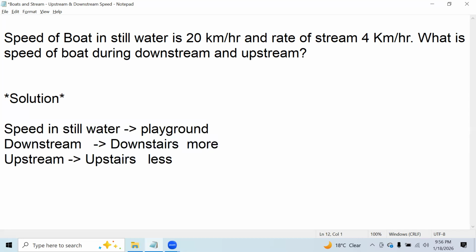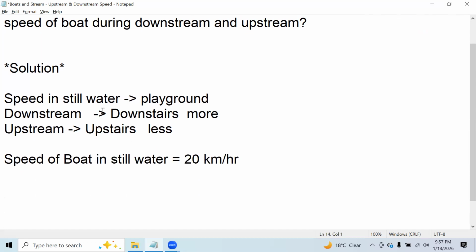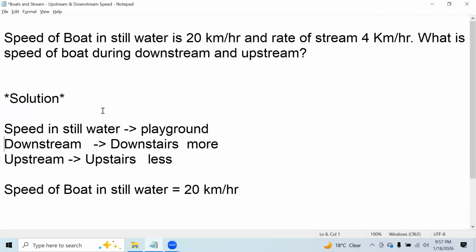Now let's try to solve the problem. Speed of a boat in still water is 20 km per hour. Speed of boat in still water, as good as it's on a playground, you can say. And speed of a stream.